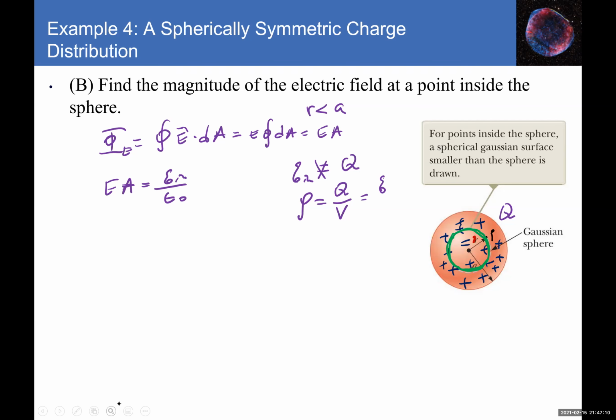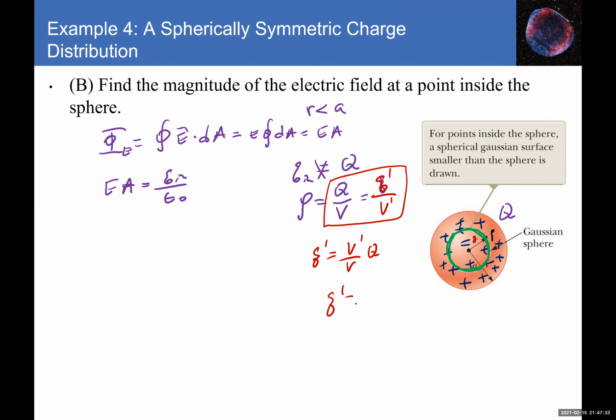Then I can say that it's Q prime divided by how much volume my Gaussian sphere has, which is then V prime, the volume of that Gaussian sphere. That means these ratios also equal one another, which then allows me to write Q prime as V prime over V times total charge Q.